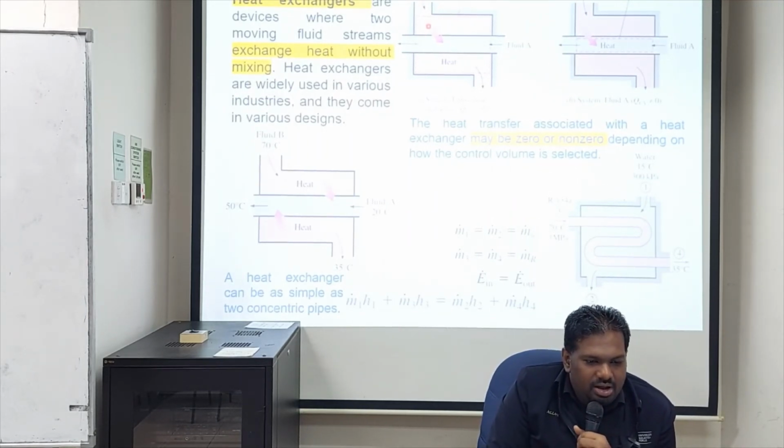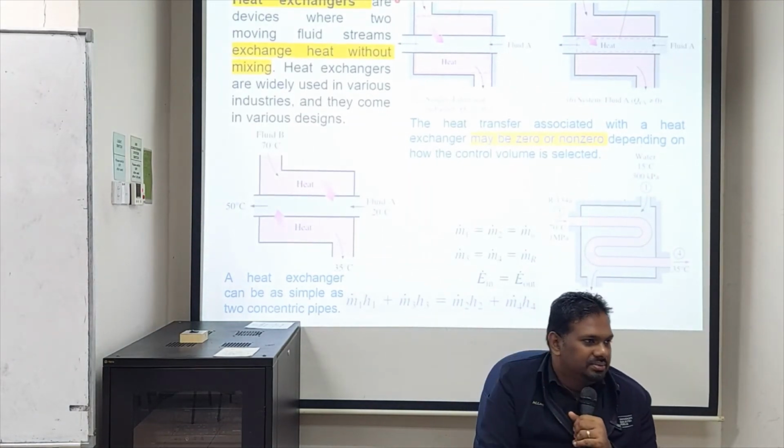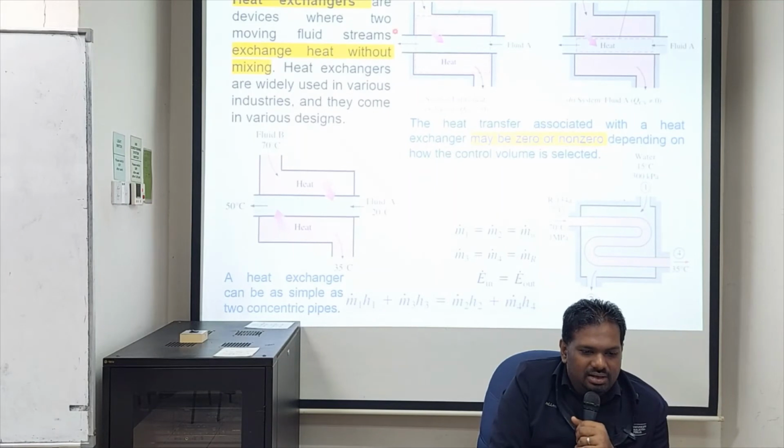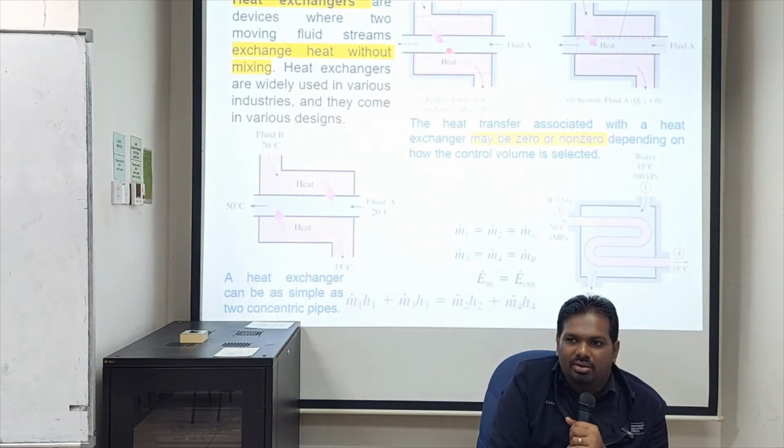Okay, so fluid A and fluid B will have temperature different. Okay, selalunya yang part ni dia panas. Okay, fluid A will be panas, fluid B akan jadi sejuk. So what will happen? So the heat energy will be transferred to the cold water. So this fluid will be cooled down.